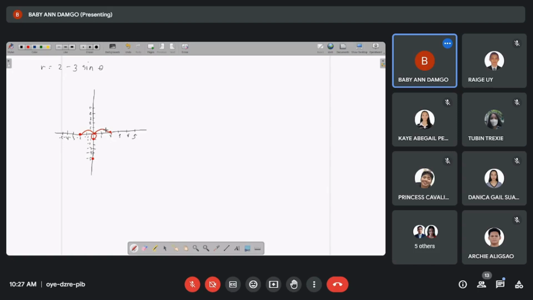Okay, like this. So kung mag-graph ta, kung i-search gid ha kay para makita gyud mo sa illustration. Polar. So R is 2 minus 3 sine.